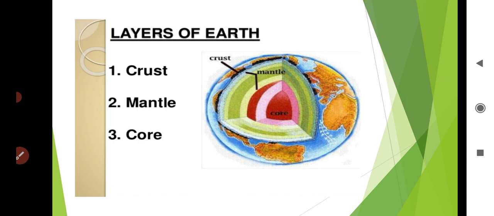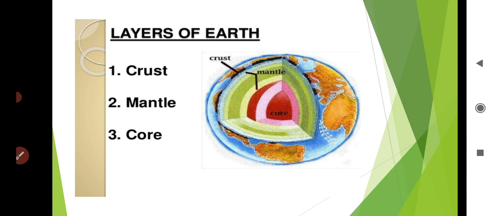An outer zone, the lithosphere, if we see the structure, forms the crust of the earth, and 71% of it is covered by water bodies, for example the Pacific and Atlantic oceans, and only 29% is land, present as terrestrial land. The thickness of the lithosphere is uneven.